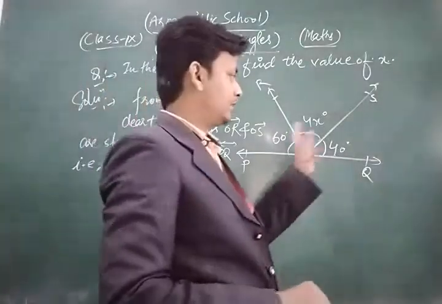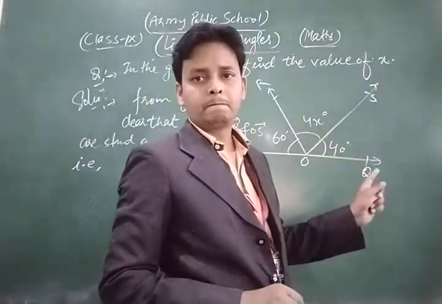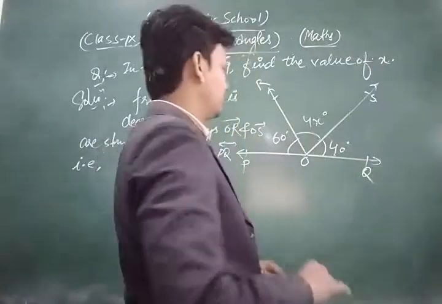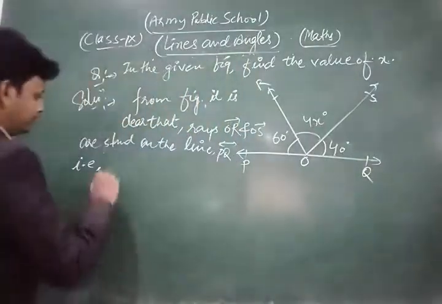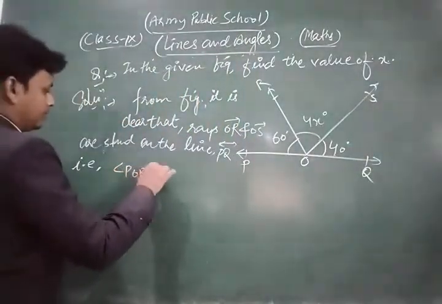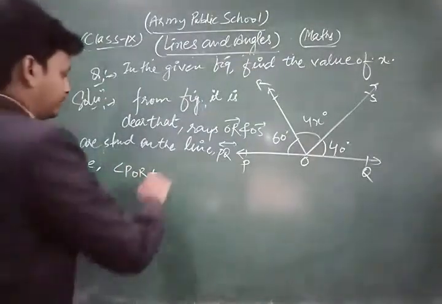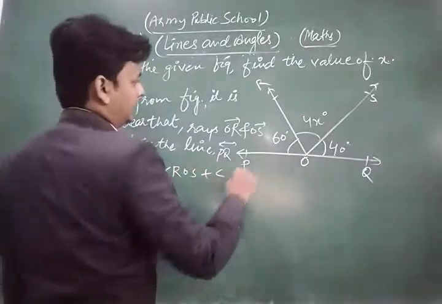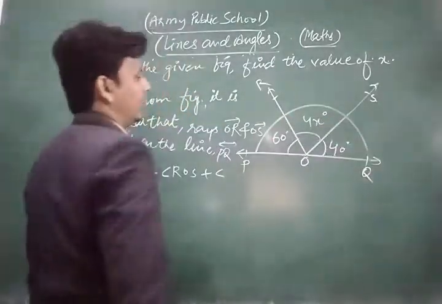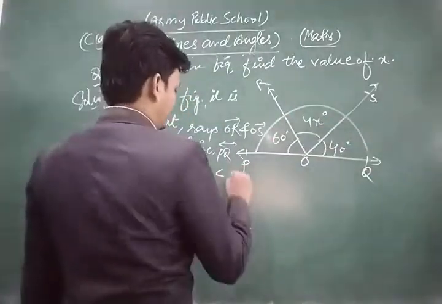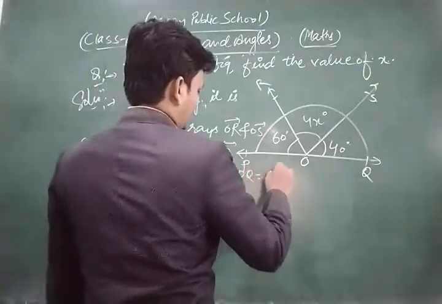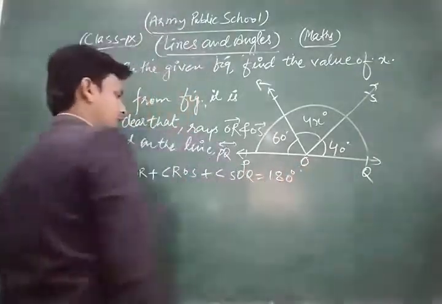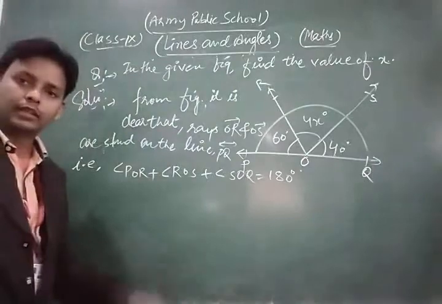Their sum of measures is what? 180 degree. The sum of angle POR plus angle ROS plus angle SOQ is 180 degree. Now we put all the values.